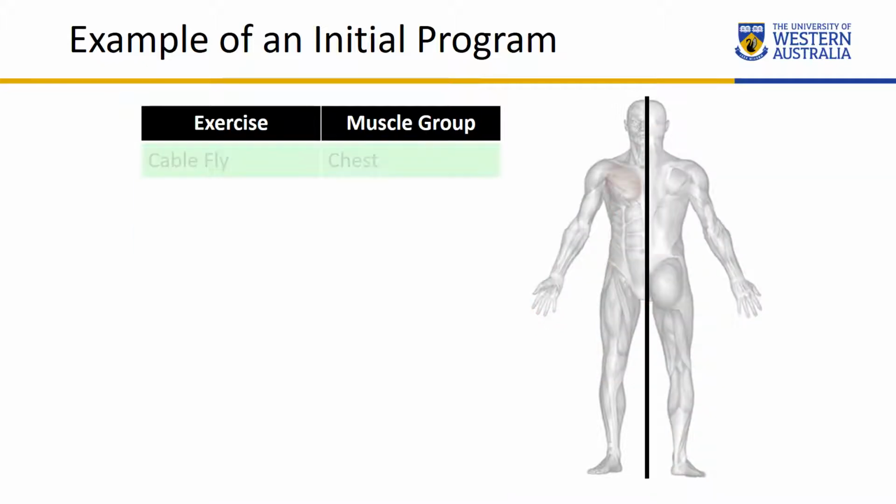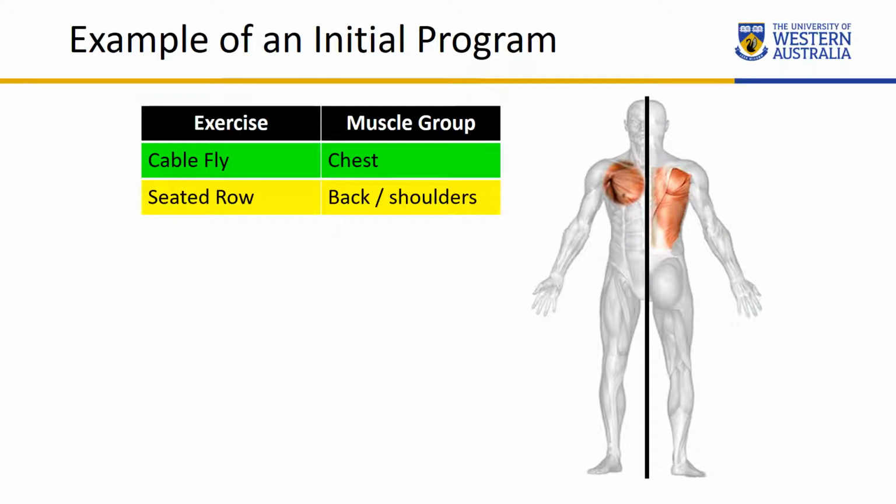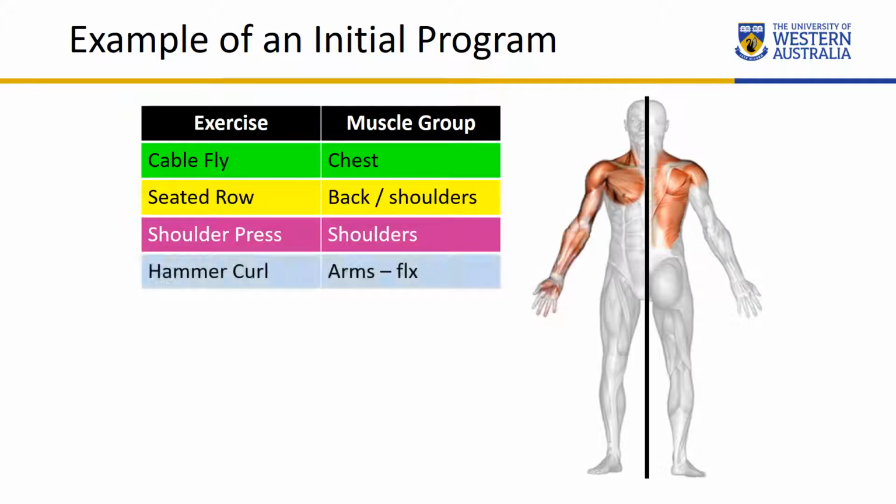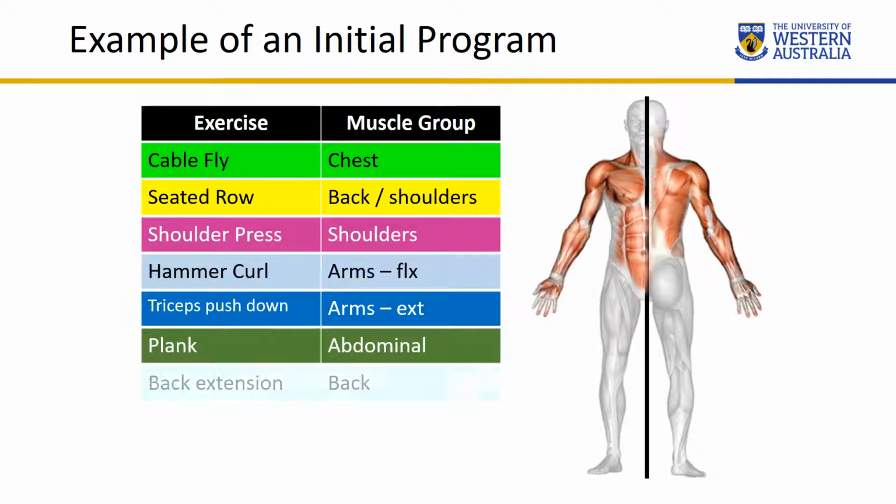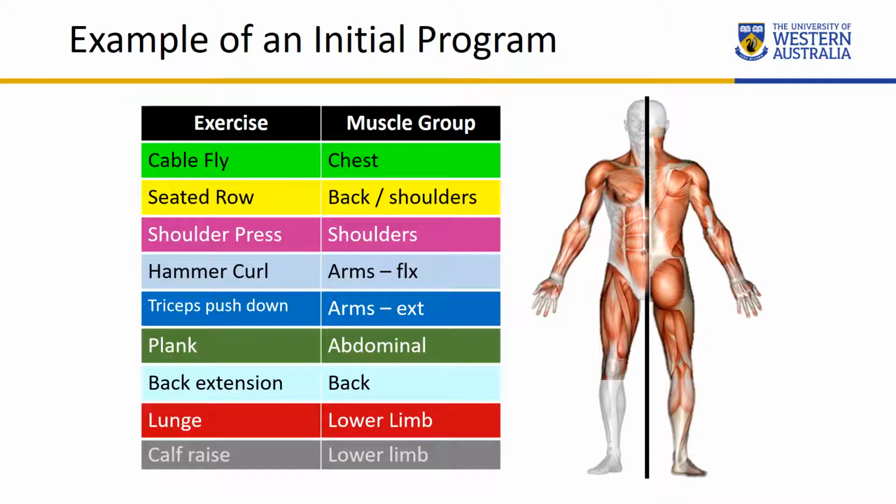So you might change things slightly. We're changing bench press to cable flies, lat pull down to seated row as an example. The two programs for the two different days don't have to be exactly the same. In fact, variety can actually be quite beneficial to the development of the individual.